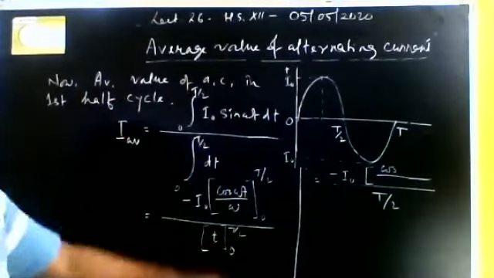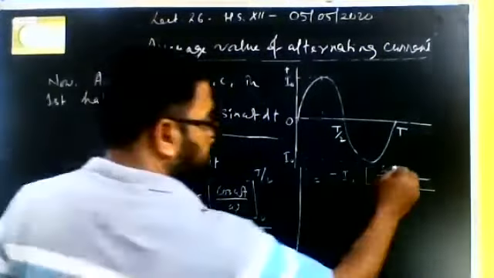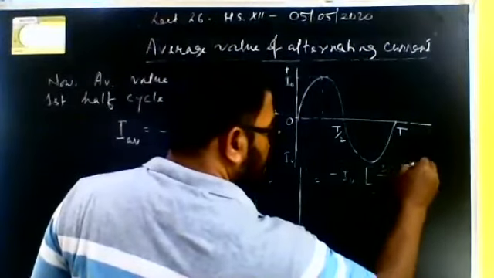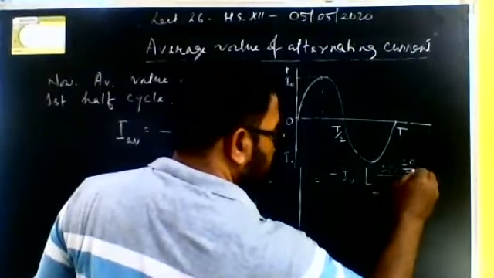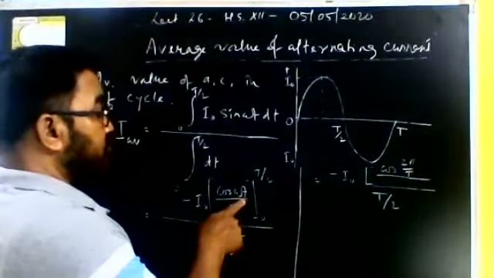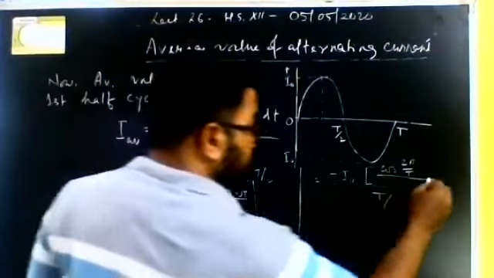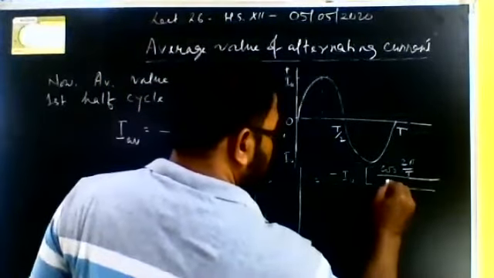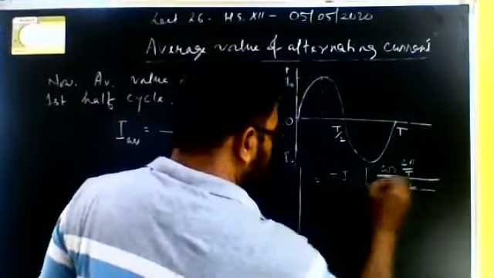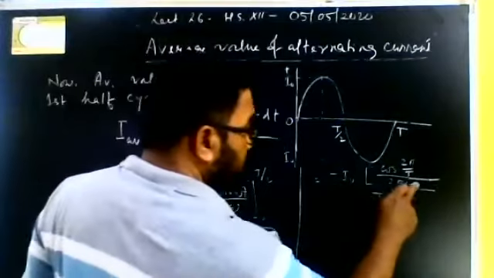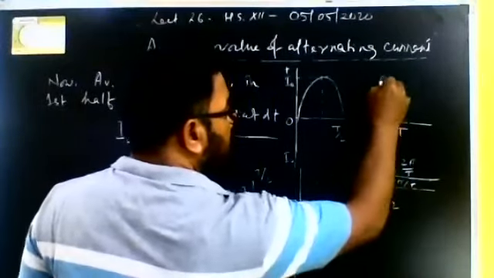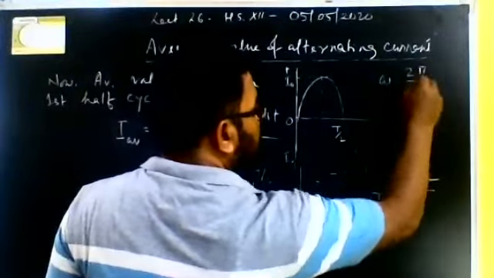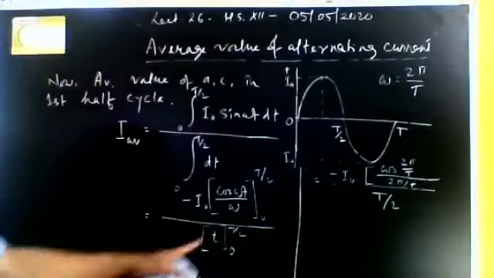In place of omega, you can write twice pi by T. As I already explained, omega is equal to twice pi by T. You just put the value.